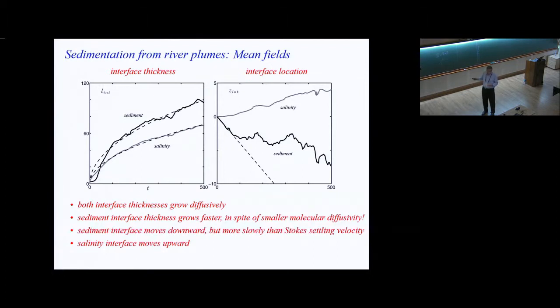But then after these instabilities grow, it deviates from the Stokes settling velocity, and the salinity interface location actually moves upward. So this would be the height of what we call our nose region in the initial sketch. So this is the height of the fluid layer that contains both salt and sediment, and we see that that fluid layer becomes thicker and thicker with time.